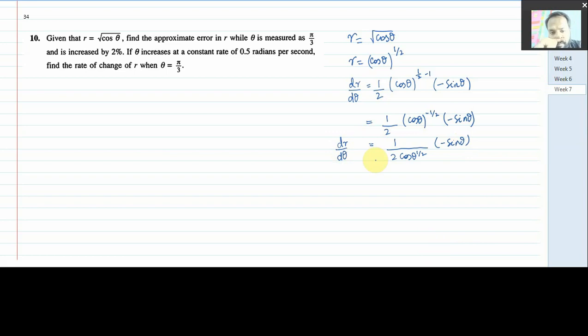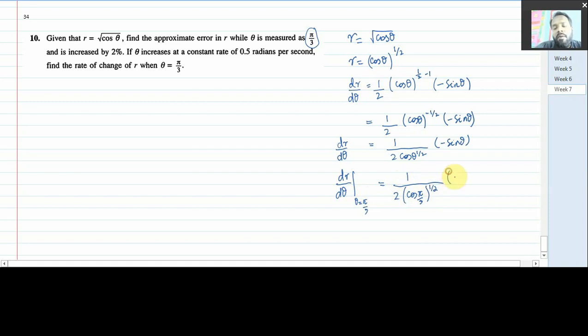After that, we have the initial value of theta, which is equal to pi over 3, right? So that is my initial value, so I can substitute the value here. dr upon d theta at theta equals pi over 3 is equal to minus sine of pi over 3 divided by 2 cos of pi over 3 to the power 1 upon 2.